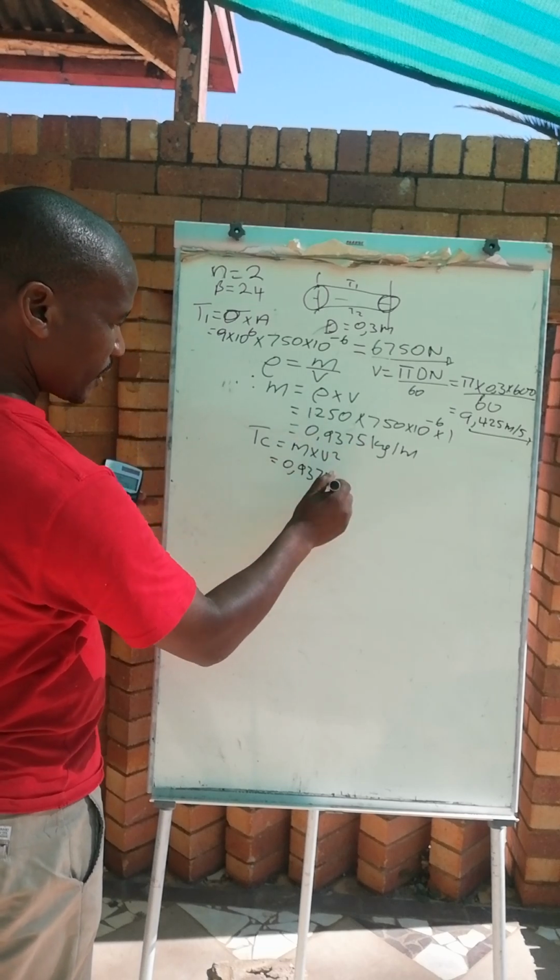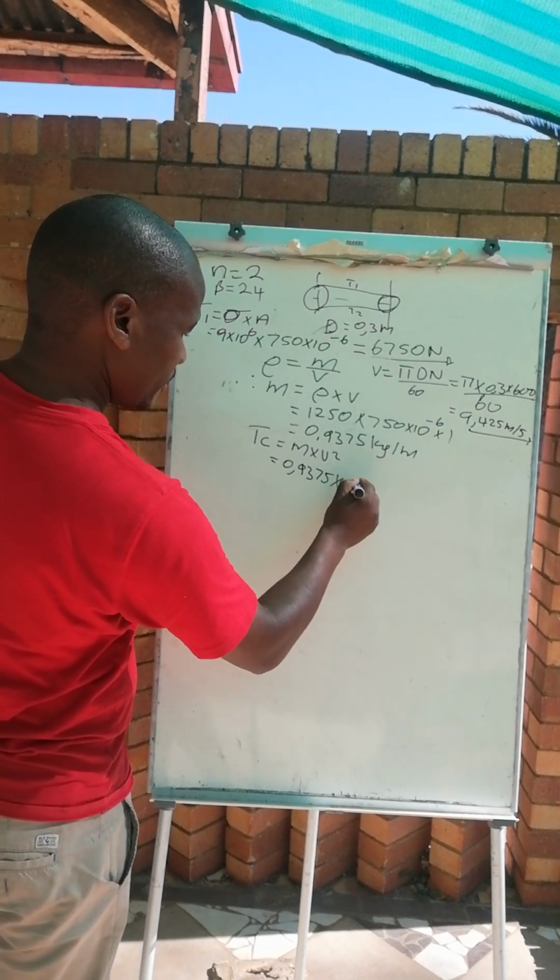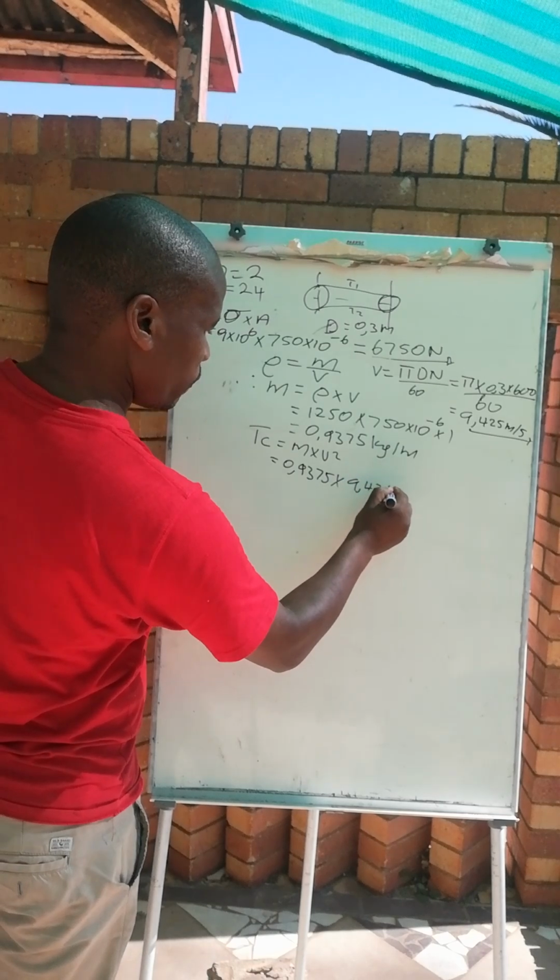Now that velocity, we multiply 0.9375 by 9.425.